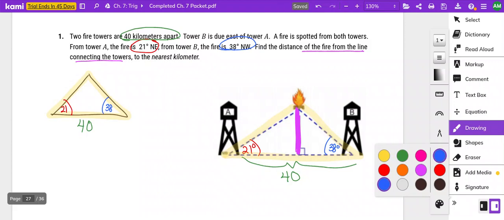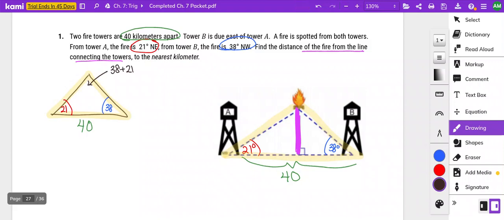This is going to help us because I can now find this missing angle here at the top. So I'm going to add up the two angles that I know, and subtract that number from 180. So I get 59, then I take 180 minus 59, and I get 121.